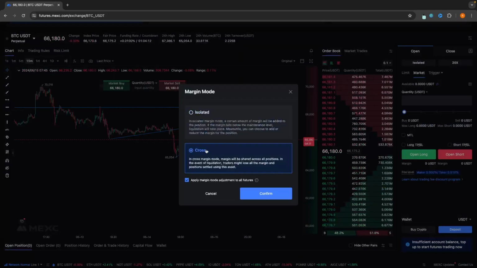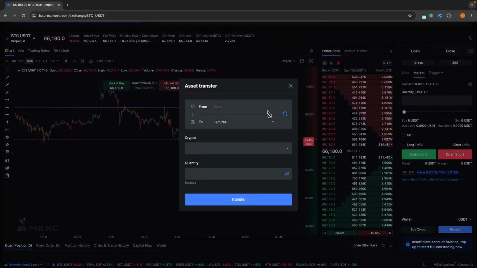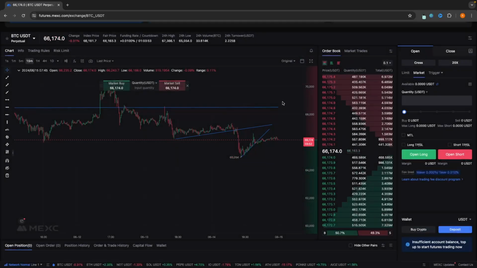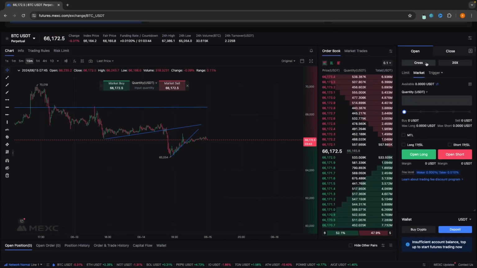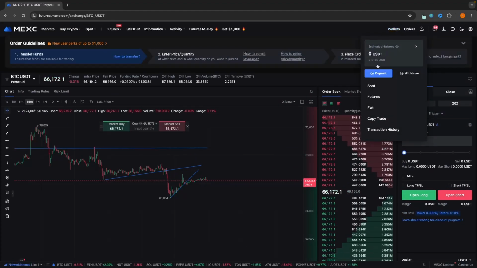Whereas if we go to the cross margin area right here, this is going to use your entire account as collateral. So let's say, just as an example, that I transfer $1,000 in. So I'm on cross margin, I transfer my $1,000 in, and then I take a position that really moves against me. What happens within the cross margin area is not only is it going to use the $1,000 that I put in as collateral, but it's also going to use all of the other assets in my account.